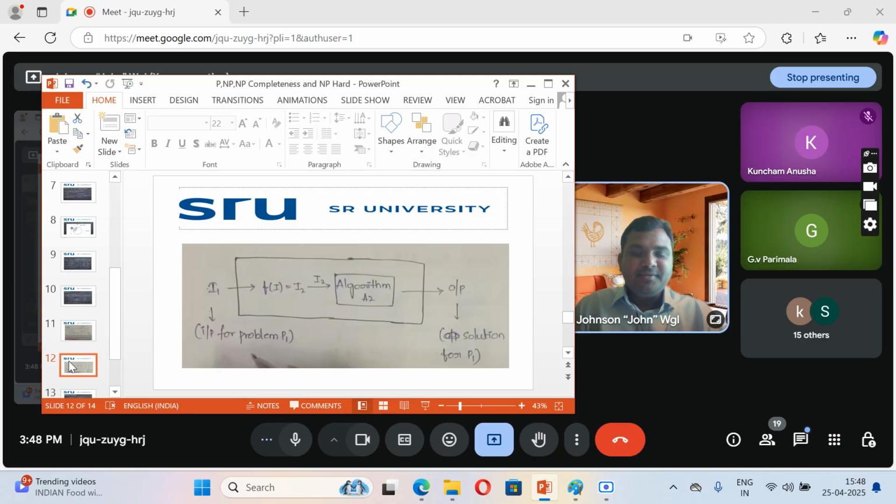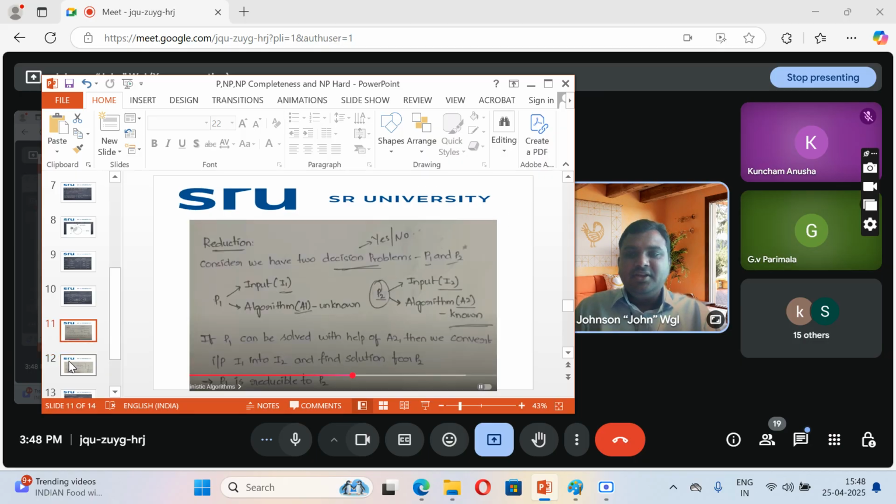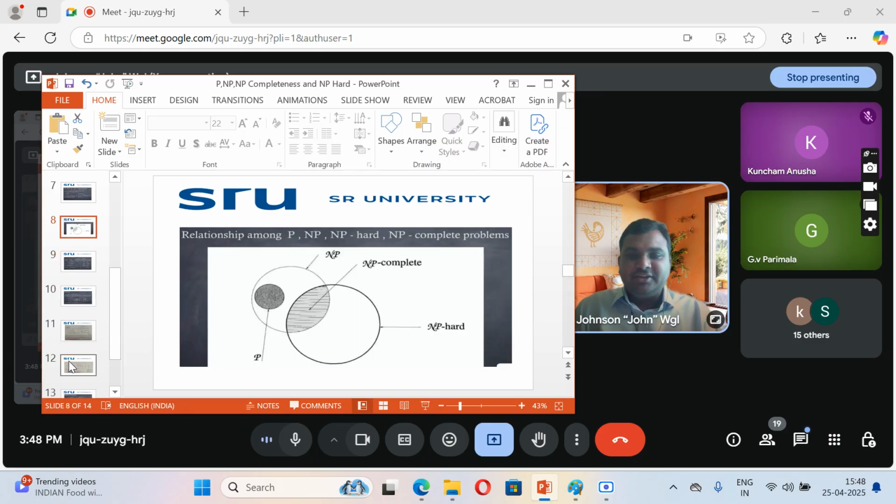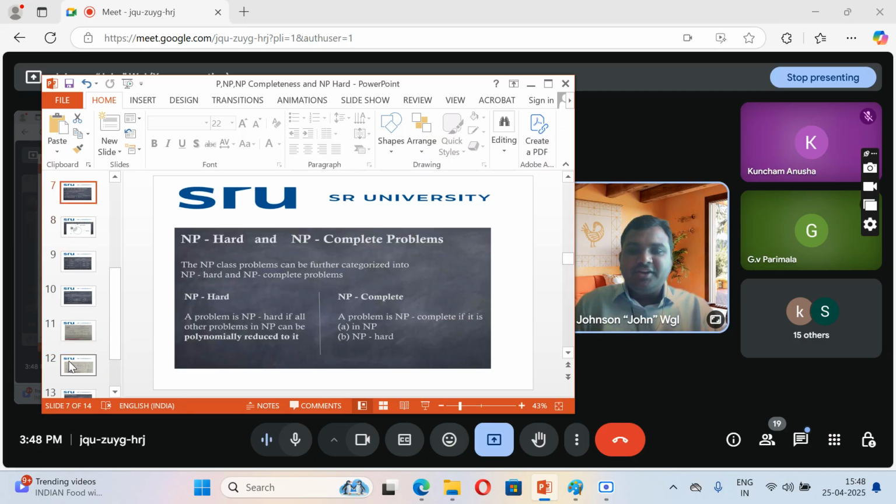Is it clear? This is the reducible concept. If you know the reduction, then you will understand NP hard.